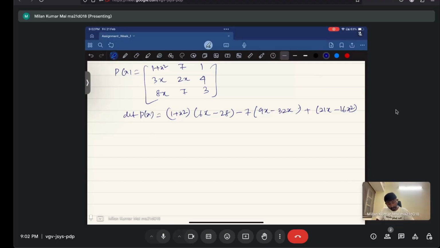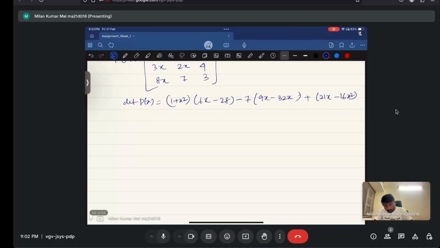9, not 9x. Hmm, 9x. Okay, I made a mistake here. 1 plus x square plus 6x minus 28 minus 7, 9x minus 32x plus 1, 21x minus 16x square.